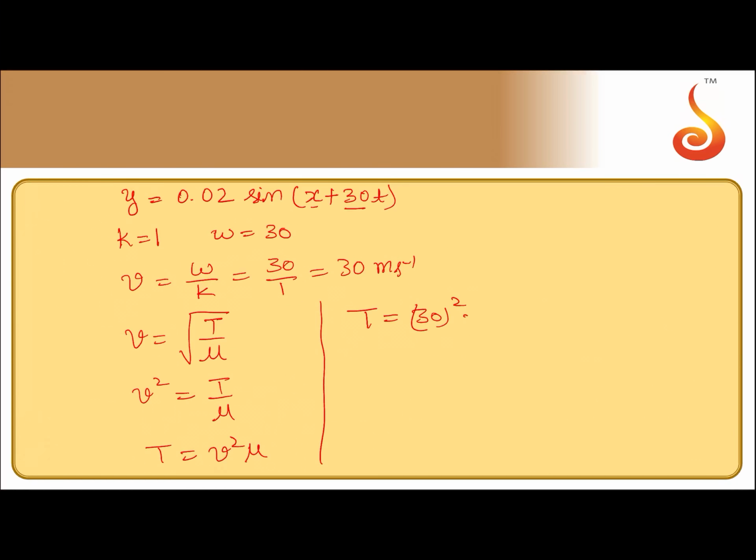T is equal to 30 square into mu, which is given as 10 to the power minus 4. So 30 square is 900 into 10 to the power minus 4. So that will be 0.09 Newton. That is option A.